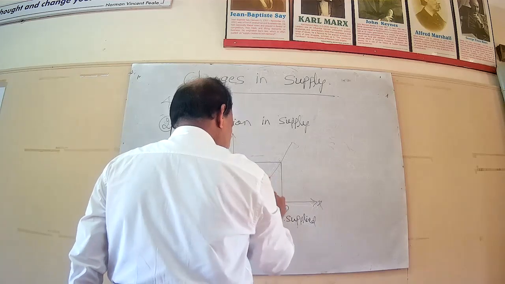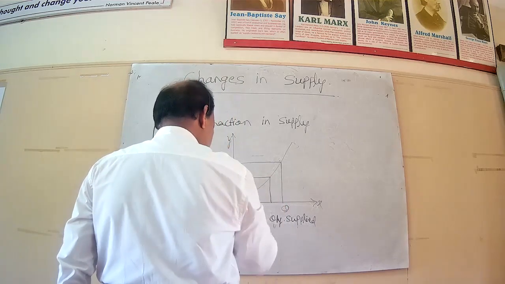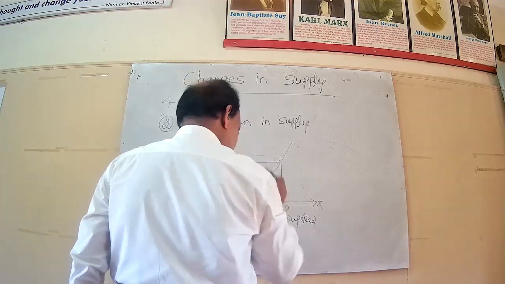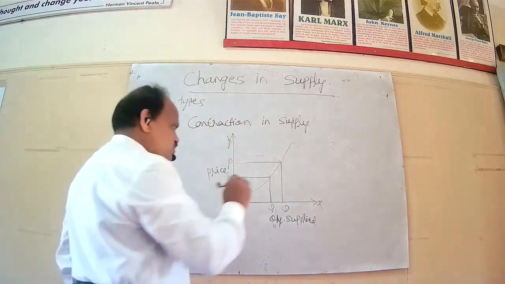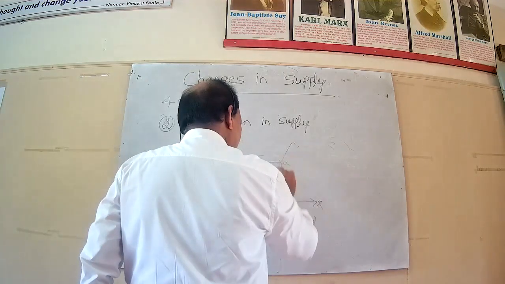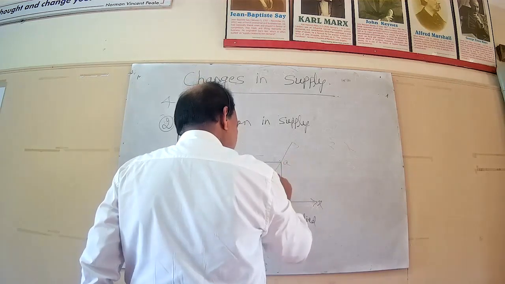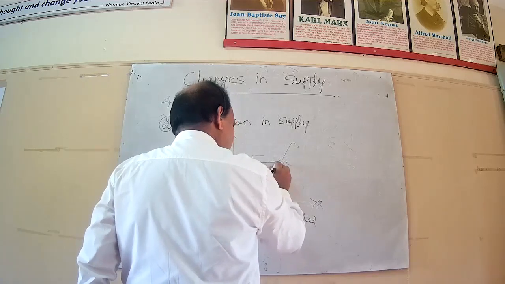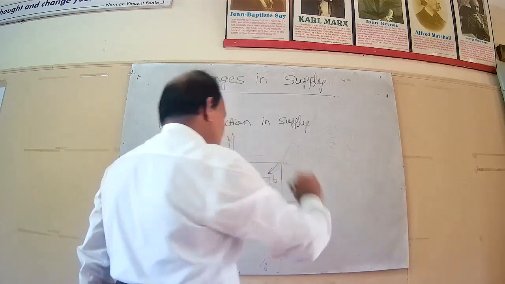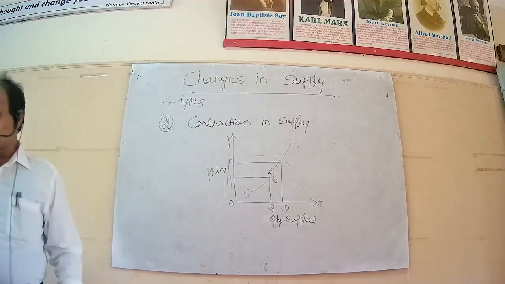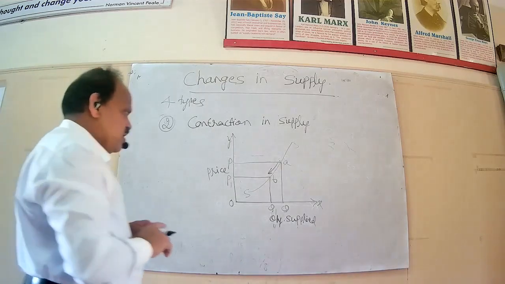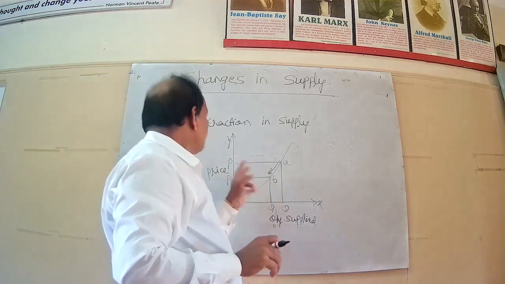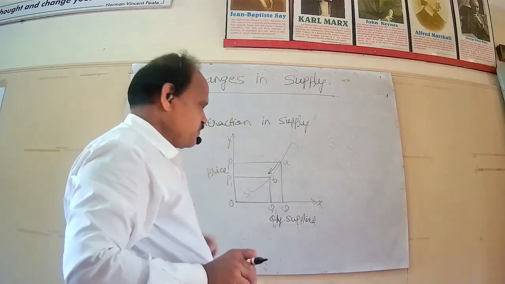When price decreases to OP1, the quantity supplied contracts to OQ1. Observe the movement. The movement will be on the same supply curve from A to B, but in the downward direction. So the movement on the same supply curve from A to B shows contraction in supply.